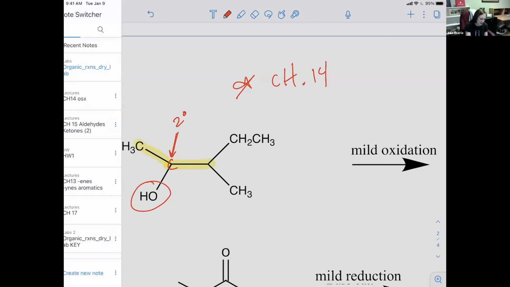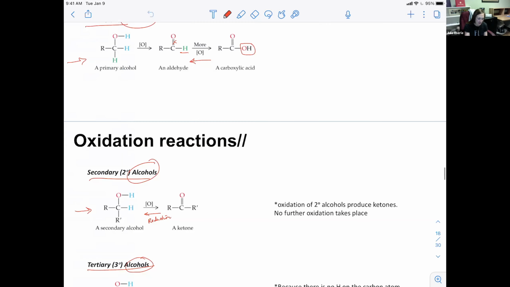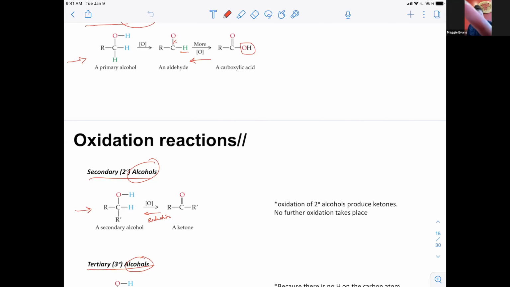So let's go back to our examples and see what happens when you have a secondary alcohol and you oxidize it. What does it turn into? A ketone.